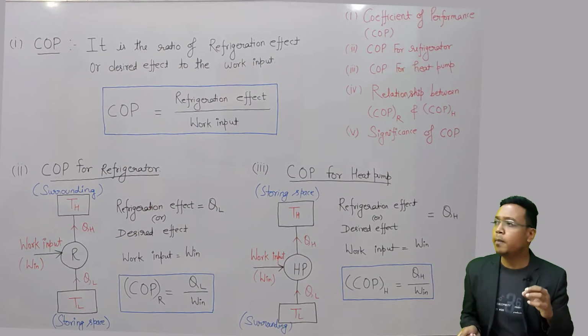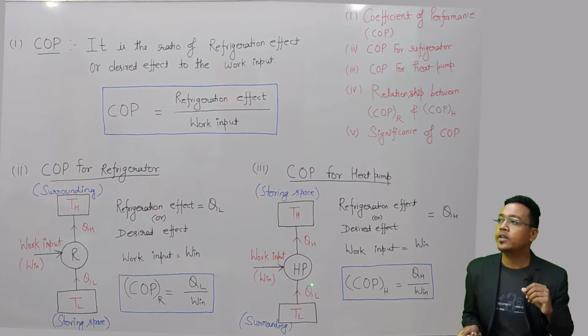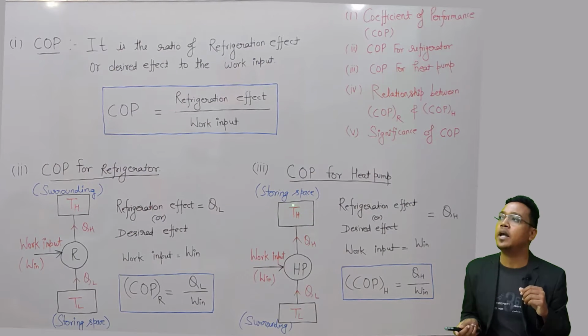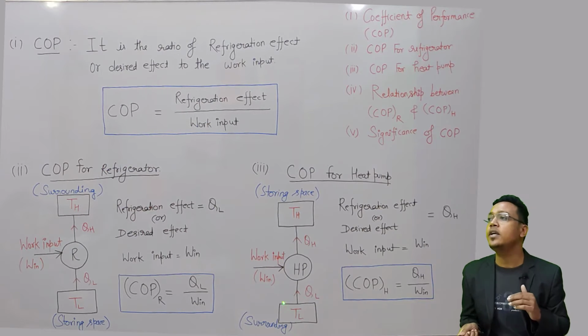Friends, remember, it will take heat or energy from the surrounding, energy in the form of heat, that is QL. It will take QL amount of energy and then transfer QH amount of energy to the storing space. By this process, it will maintain higher temperature TH at the storing space in comparison to the surrounding temperature TL.